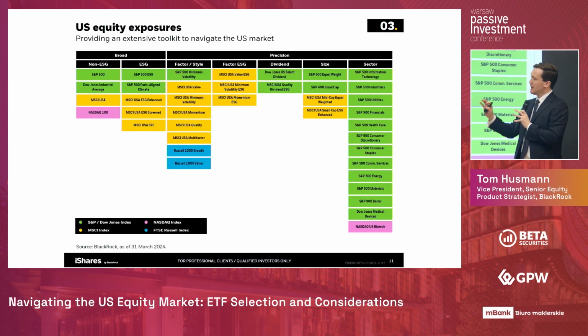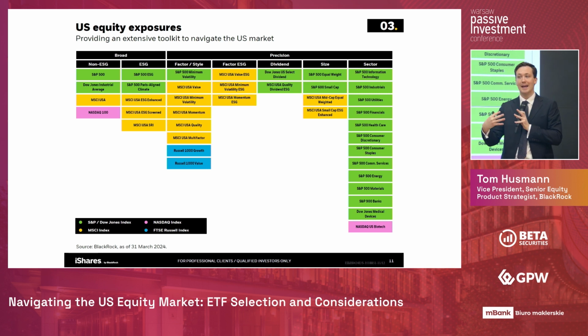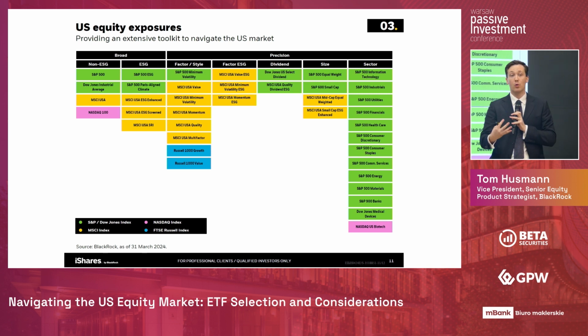Just finally, what I also wanted to highlight is really the toolkit. And as it was quite clear in the flows, clients becoming more granular in the selection process. And the question is here really, what toolkit is available, what options are available to go granular.